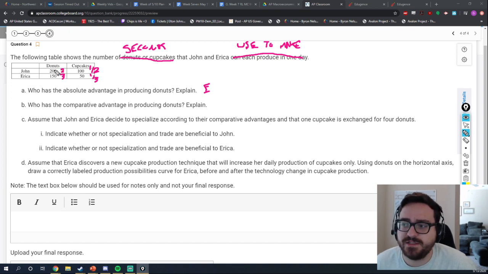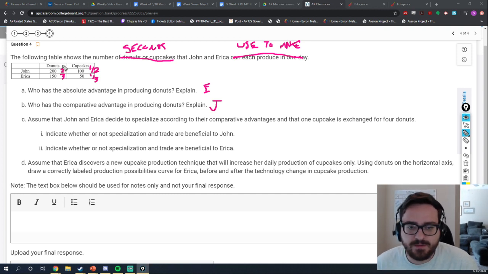Because if I gave him 200 seconds, he can make 1 donut, or he could have made 2 cupcakes. So every time he makes 1 donut, he gave up 2 cupcakes. For Erica, same idea. If I gave her 150 seconds, she could have made 1 donut or 3 cupcakes based on this table over there. Comparative advantage in donuts, in this case, would be John, because he gives up less cupcakes per donut.